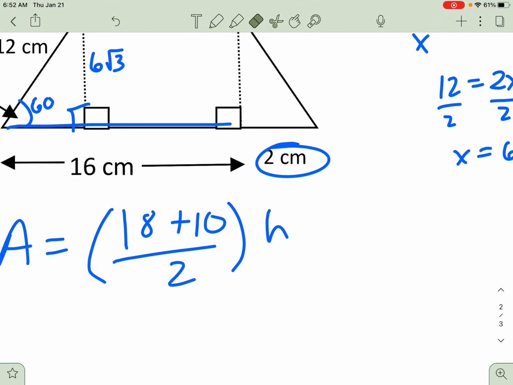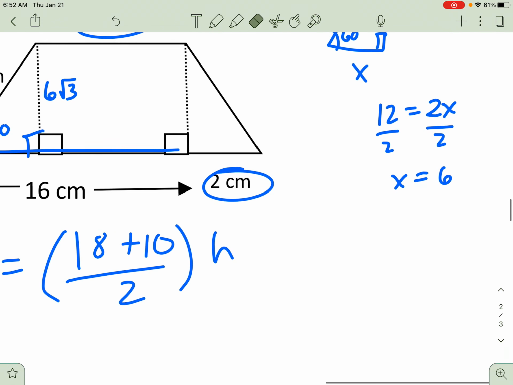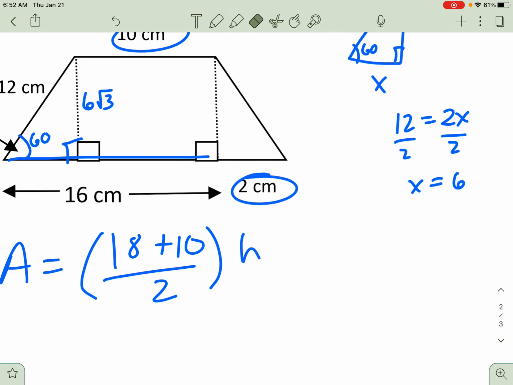Okay. All right. So we can figure that out to be a decimal. We're going to round to the nearest tenth here. 6 times radical 3, which is 1.73.